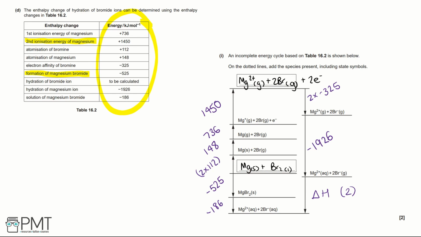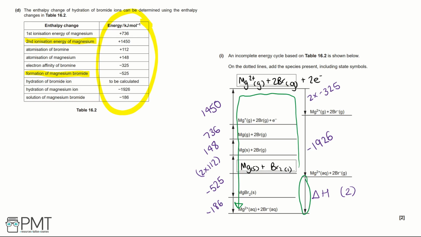So we just need to remember to divide our final answer by 2. So the next step is we need to work our way around this energy cycle to get our number. So rather than doing this arrow, we're going to go a slightly longer way around the energy cycle. And wherever the arrow is going in the opposite direction, we flip the sign.